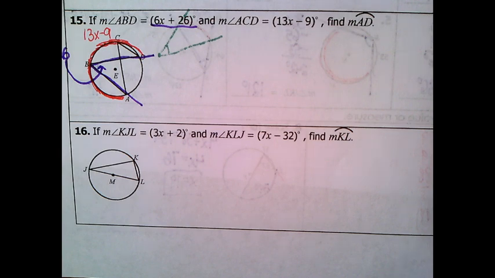6x plus 26 equals 13x minus 9. Just thinking of a good way to explain this one.